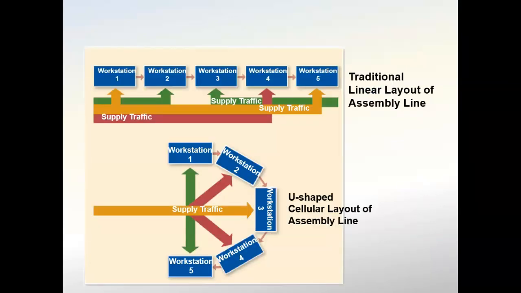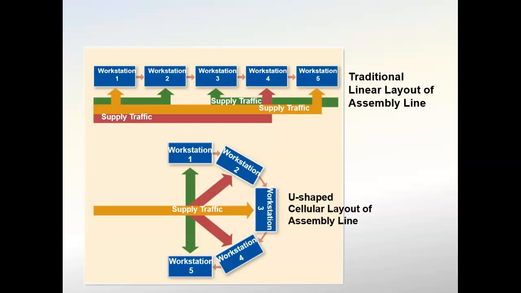Frequent delivery of small orders directly to users within a large facility can create complex traffic patterns unknown to an older style operation. One elegant solution for enabling the frequent delivery supporting work along a production line is illustrated here in figure 12.3 on this slide. Now here, the U-shaped cellular layout replaces the traditional linear layout, which is illustrated at the top of the slide.